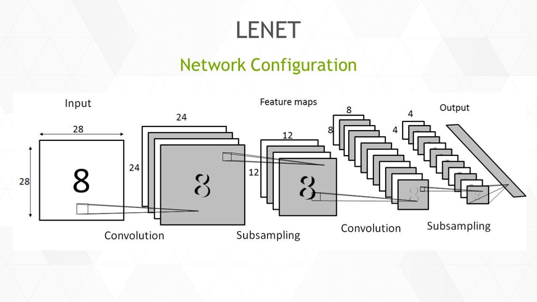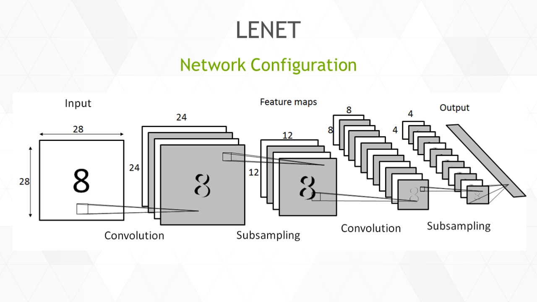If my input size is 28 by 28, what happens to that data as it gets pushed through my network? When I apply my convolutional layer, does my input, the response, my feature maps, reduce in size? In some cases it does. In this case, for the LeNet network, it does. It gets reduced to 24 by 24, and as you push things through your network, things get further reduced.